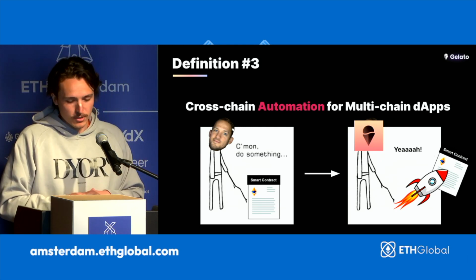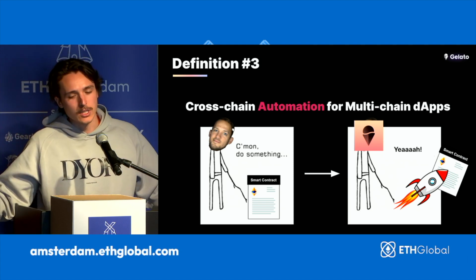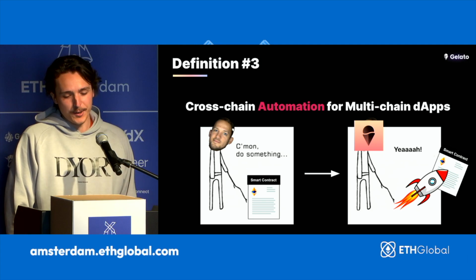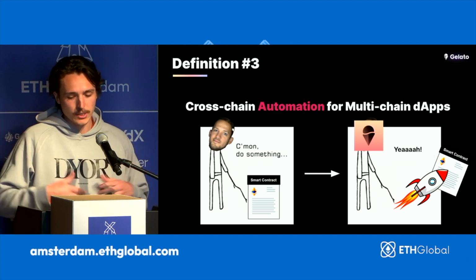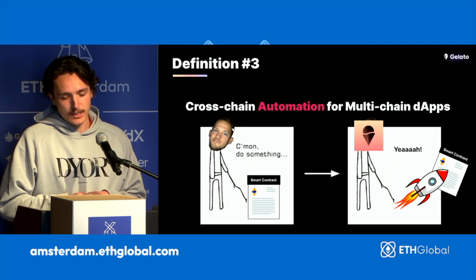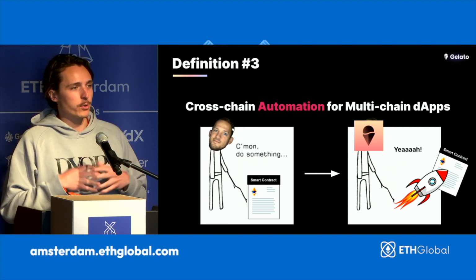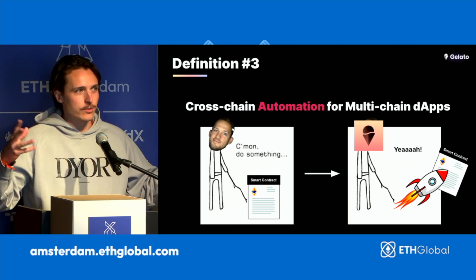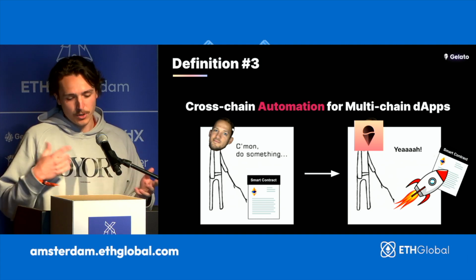So what's automation? I will go into this in a bit more detail in this talk, because this is what we at Gelato do. We enable you to automate your smart contracts on all these different networks. Even though sometimes smart contracts are portrayed as autonomous agents that do everything themselves, they are actually not that automated, and we go into that in a bit more detail.